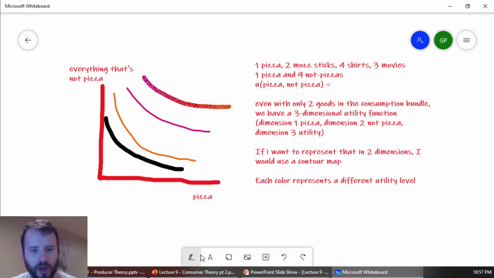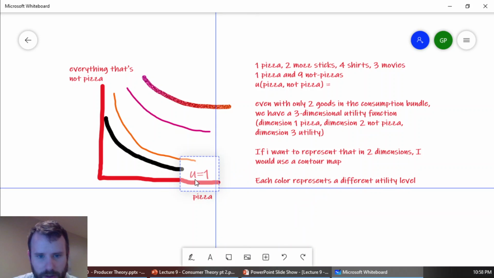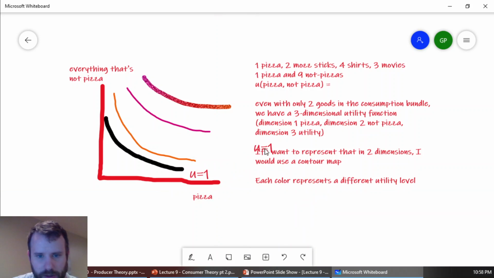So we could say utility equals 1, the black line. Utility equals 2, the orange. 3 is the purple.